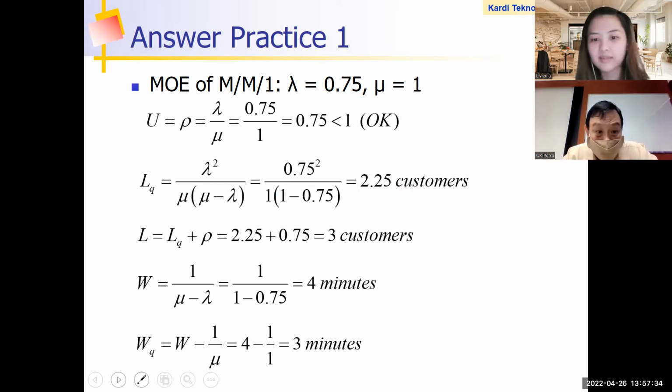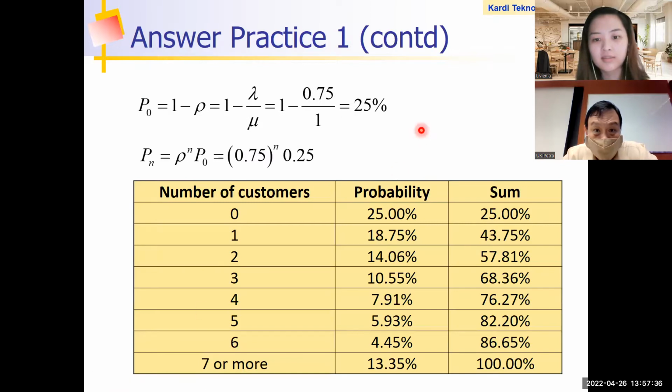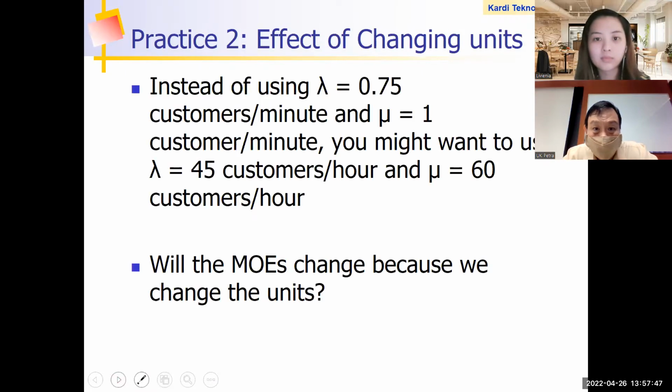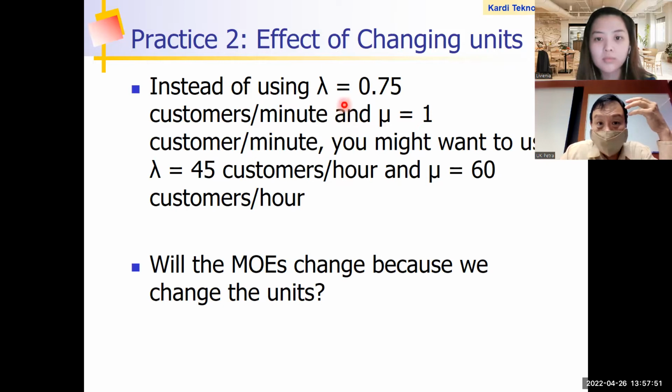Now, this is the idle time, 25%. That means 75% they are fully utilized, right? So now, this is important: what happens if, instead of 0.75 customer per minute, or 1 customer per minute, I multiply this by 60, so that I get per hour?